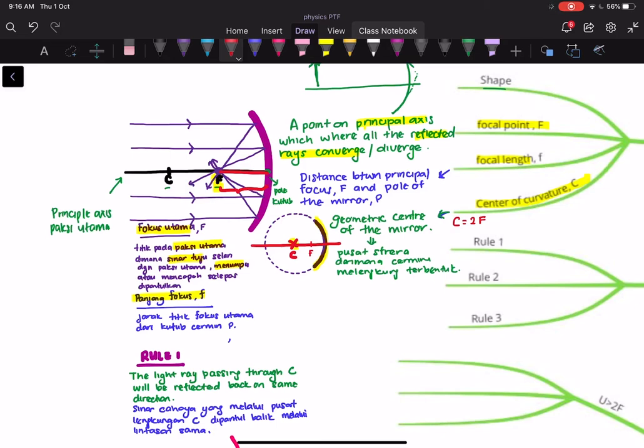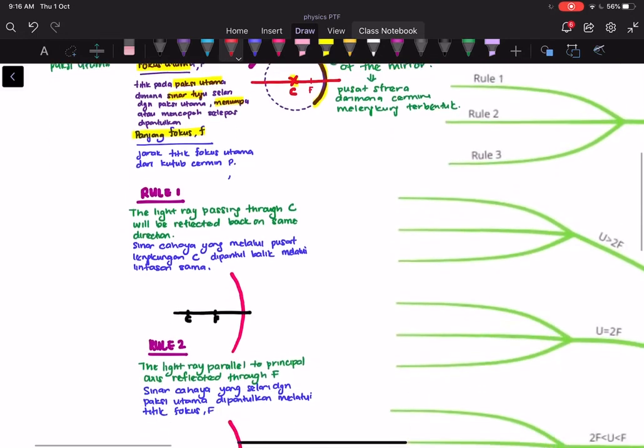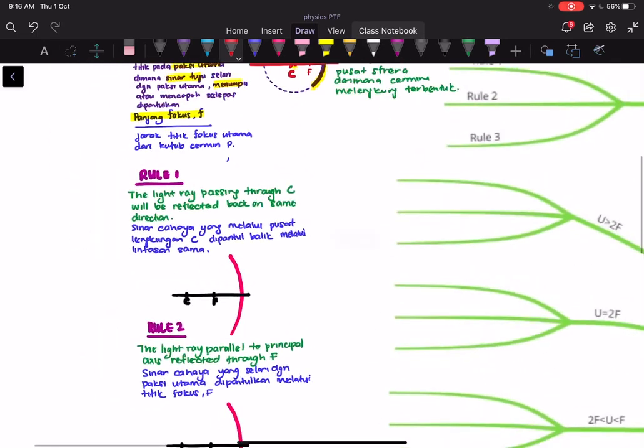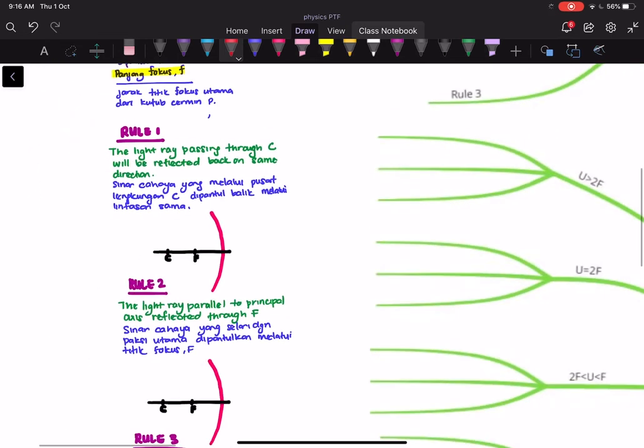That is the next thing that you need to know about some important characteristics of a concave mirror, ataupun cermin cekung. Now, for this concave mirror, there are 3 rules that you need to know in detail, because by using these rules, we're going to do some drawings here.